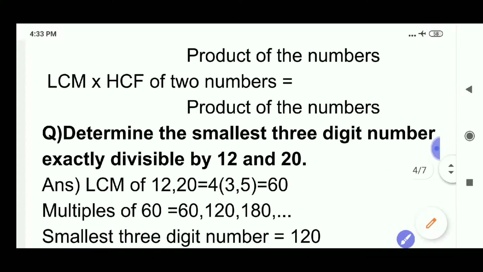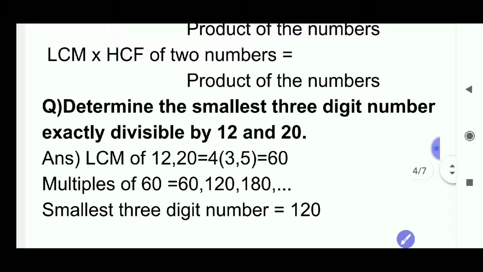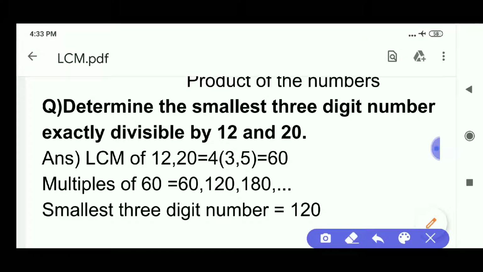Let us solve a small question. Determine the smallest 3-digit number exactly divisible by 12 and 20. Here we have to find a 3-digit number exactly divisible by 12 and 20. Now first find the LCM of 12 and 20.